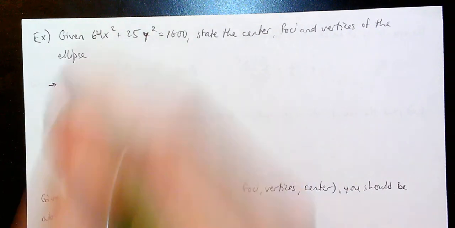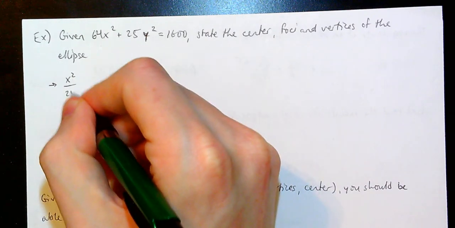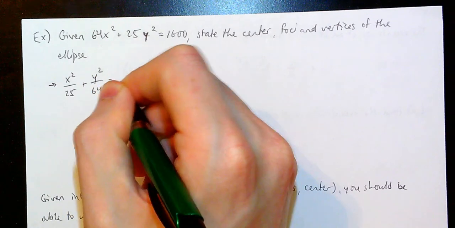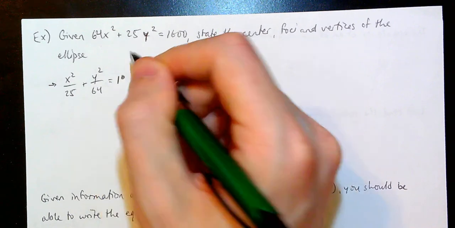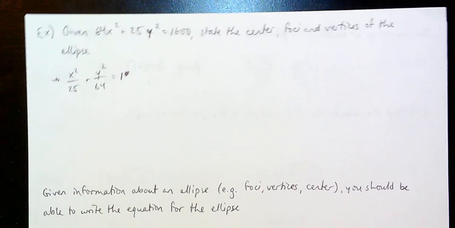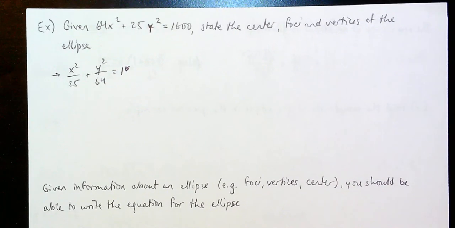And when I do that, that is going to get me x squared over 25 plus y squared over 64 is equal to a positive 1.